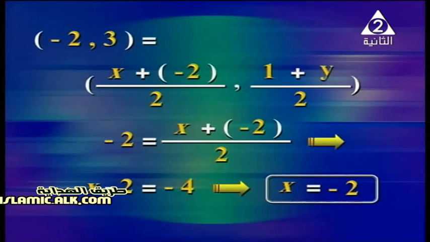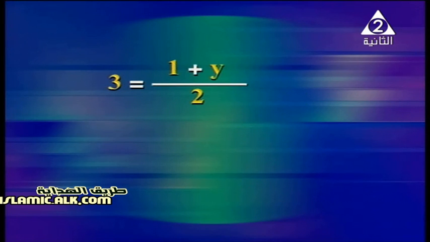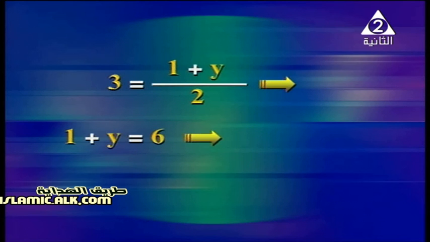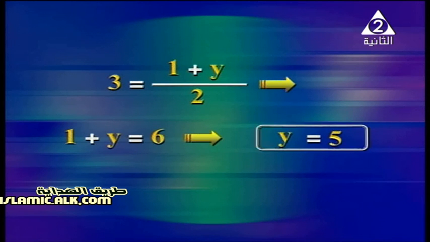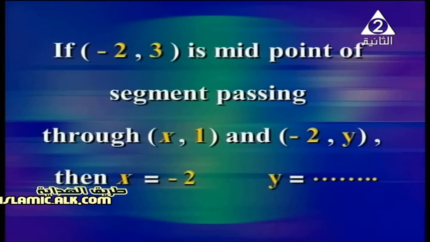Yes, the two y coordinates are equal. So we can say that 3 equals (1 plus y) over 2. By making cross multiplication, it will lead us to 1 plus y equals 6. So in this case, we can find that the value of y will be 5. And then x equals -2 and y equals 5.